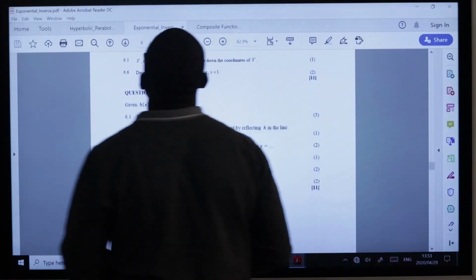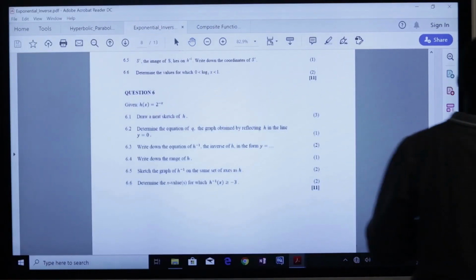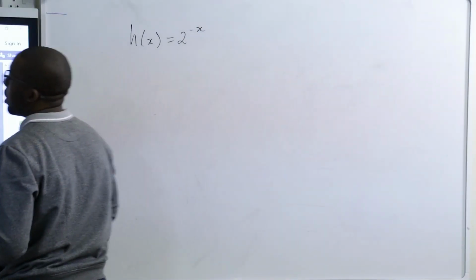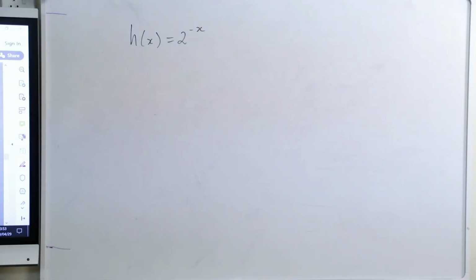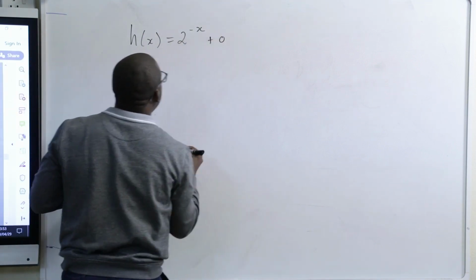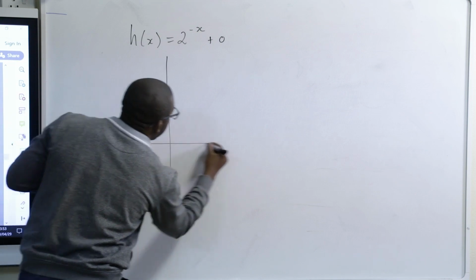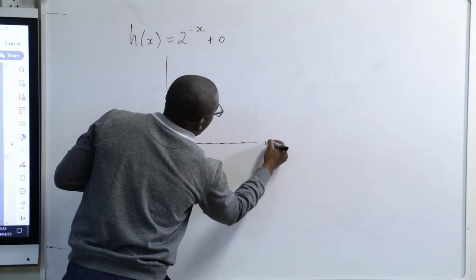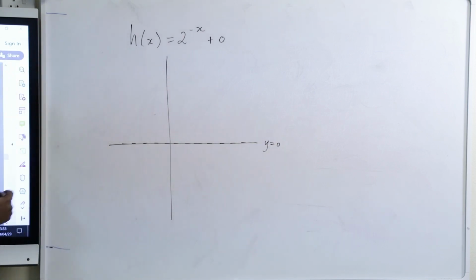Doing the next question, we have h of x is equal to 2 to the negative x. Sketch a neat graph of h. If you are sketching this, it's because the asymptote is 0. So in the xy plane, this is the asymptote, y is equal to 0.